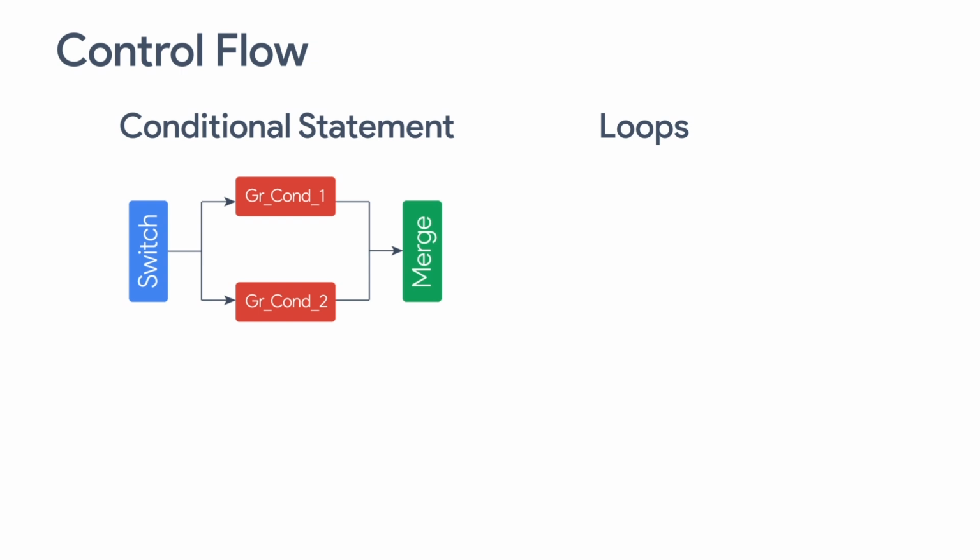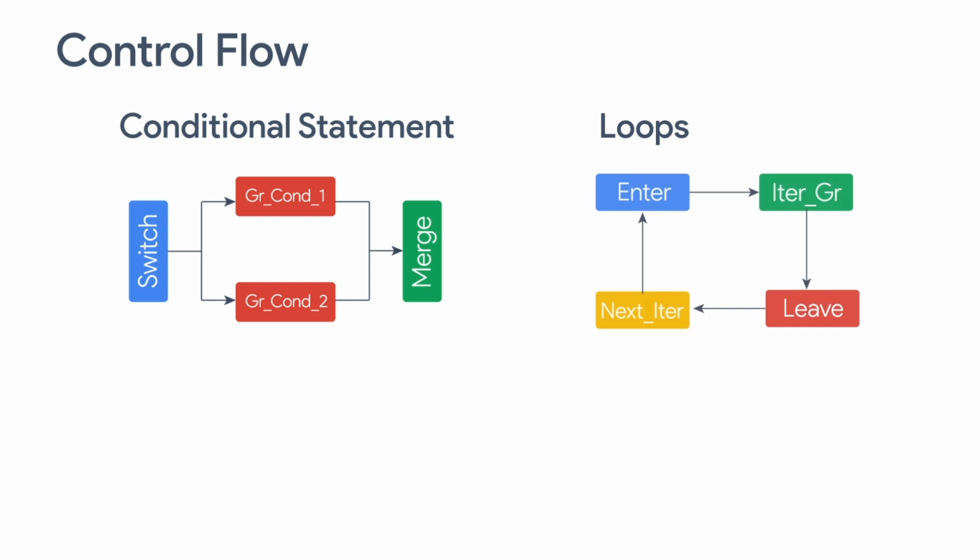TensorFlow creates all the possible subgraphs beforehand and executes only the one as per the input and then outputs the result. In case of loops, TensorFlow primitive operators are enter, leave, and next iteration. It helps TensorFlow to create cyclic graphs and dynamic computation for different numbers of iterations.